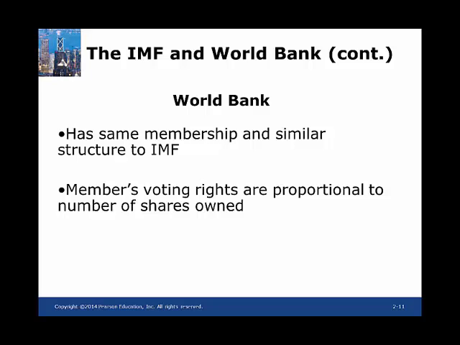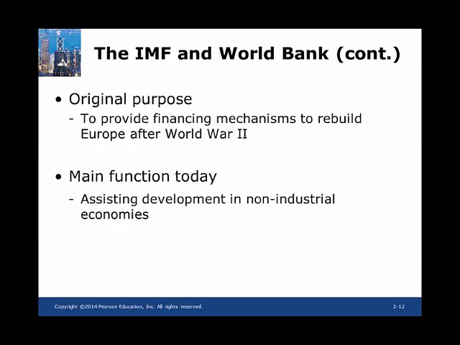Members' voting rights are proportional to the number of shares owned. The original purpose of the IMF and World Bank was to provide financing mechanisms to rebuild Europe after World War II. Their main function today is assisting development in non-industrial economies.